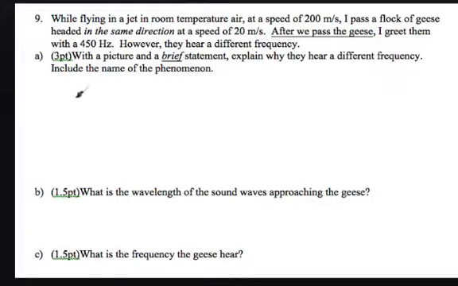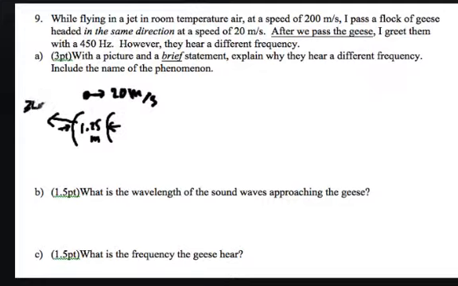Here we go. We know that the geese are moving at 20 meters per second. The sound that gets to them has a wavelength of 1.25 meters, and the velocity of the sound is 340 meters per second. So what we know is the velocity equals the frequency times the wavelength.